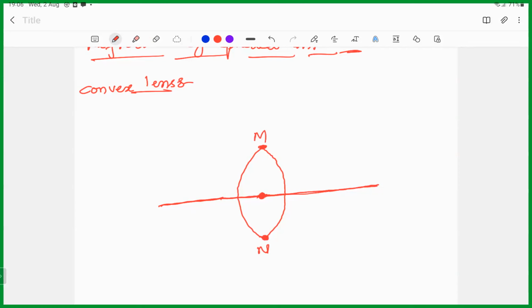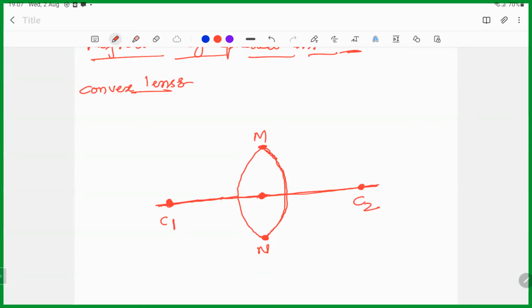Let's say for this one, consider this is the center of curvature, C1.